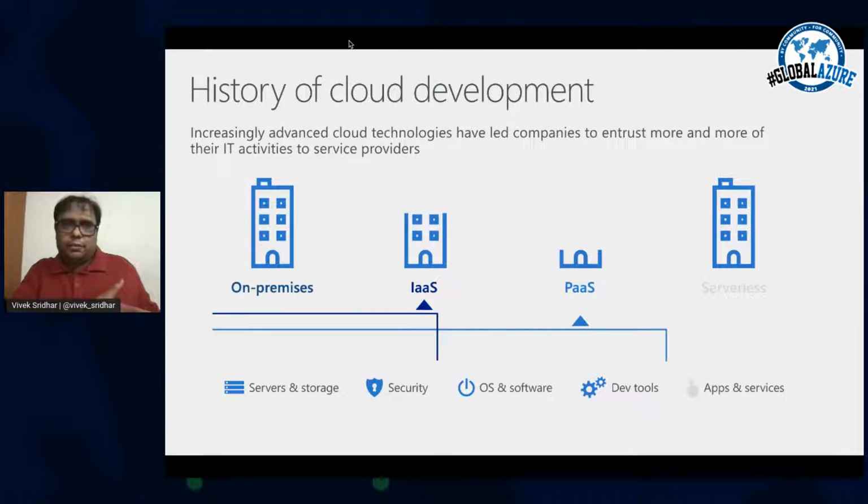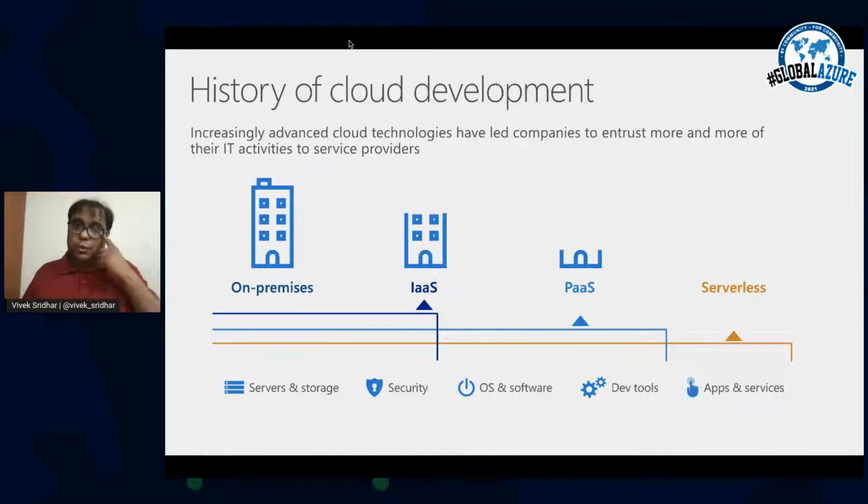I started with on premises, then infrastructure as a service, then PaaS, and now it's serverless. We'll deep dive into serverless today, and how these apps can be built, and how you can accelerate your development and your business logic, and go to market fast using serverless technologies.